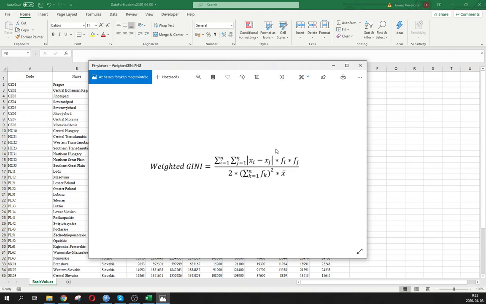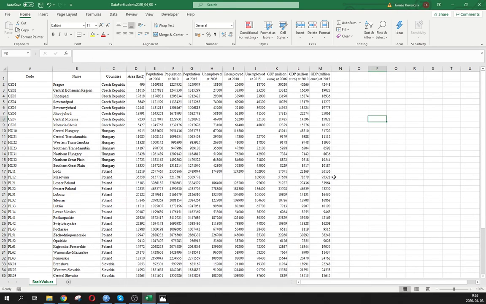So the F value is the weight value, and we have to multiply by the weight for every difference in the matrix, and in the lower side of the formula we have to divide by the square of the summary of the weight with all of the differences. So how can we do that in Excel?